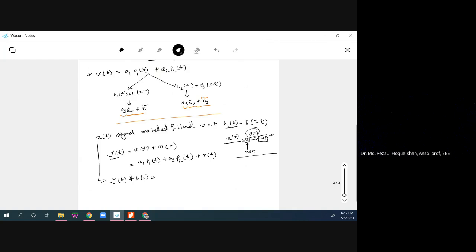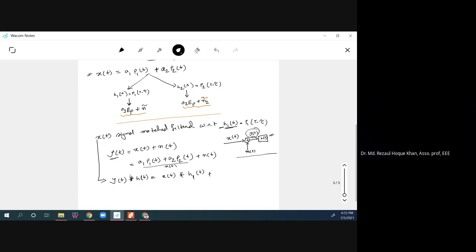This part is x(t), so we can write x(t) convolved with h(t). Here we are doing it with respect to h1(t), that's why h1(t). So plus, we are separating this into two parts.